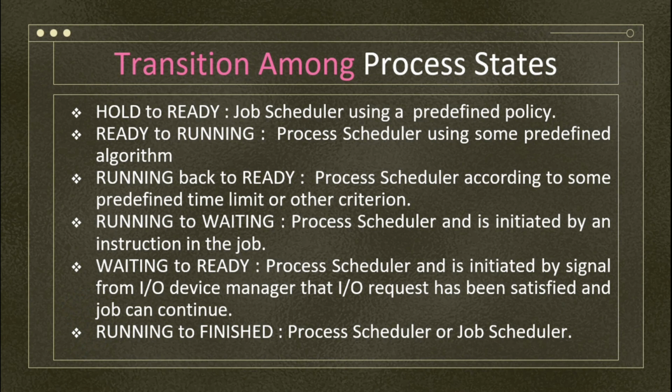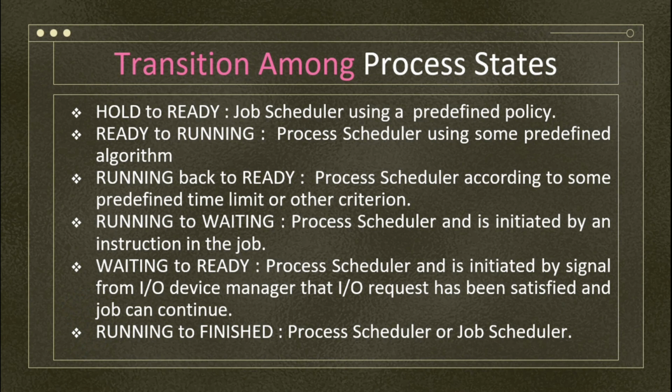Transitions among process states. Hold to ready: job scheduler using a predefined policy. Ready to running: process scheduler using some predefined algorithm. Running back to ready: process scheduler according to some predefined time limit or other criterion.